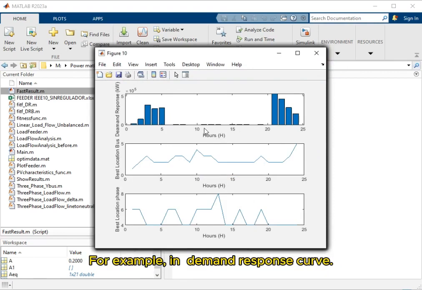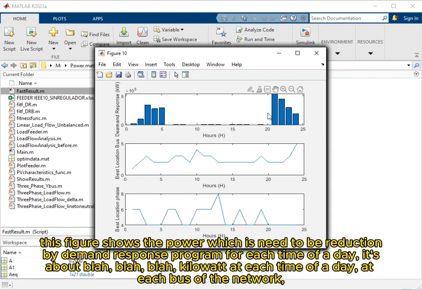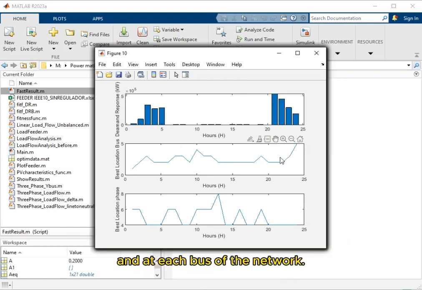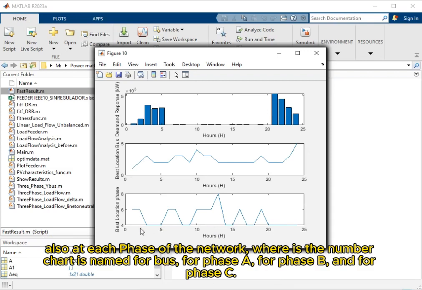For example, in the demand response curve, this figure shows the power which needs to be reduced by the demand response program for each time of a day, at each bus of the network, and also at each phase of the network, where the numbers are named for bus, phase A, phase B, and phase C.